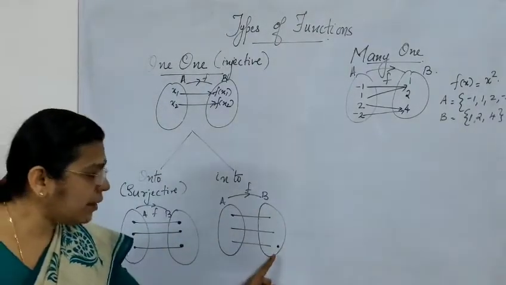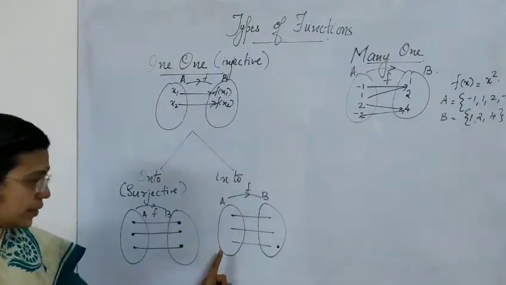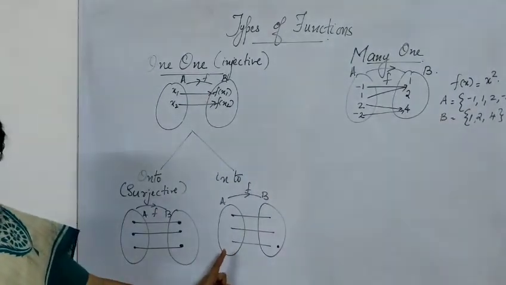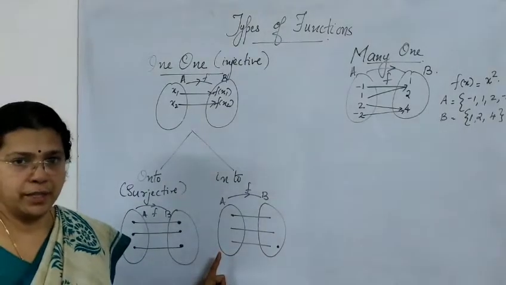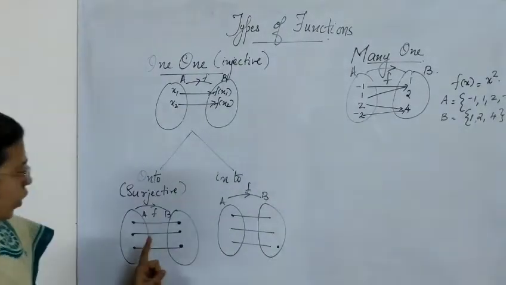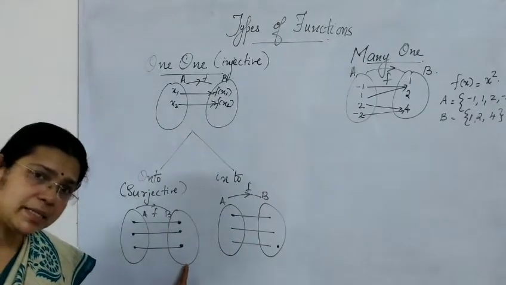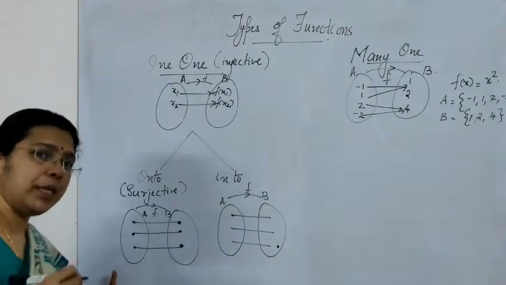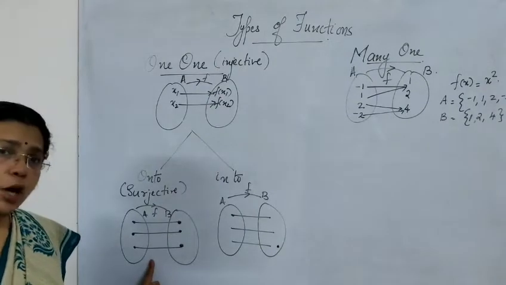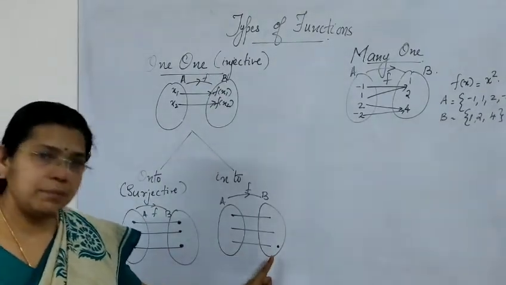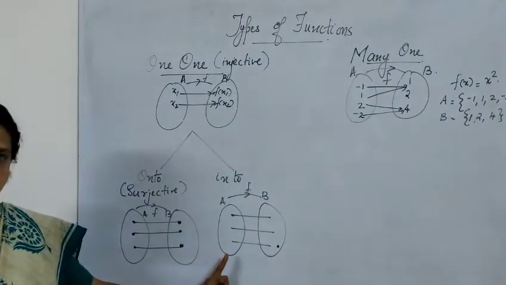Here there are elements in B which do not have a pre-image in A. Such a function is said to be an into function. So what is an onto function? A function where all the elements in set B have a pre-image in A. Into means there are still more elements in B which do not have a pre-image in A.